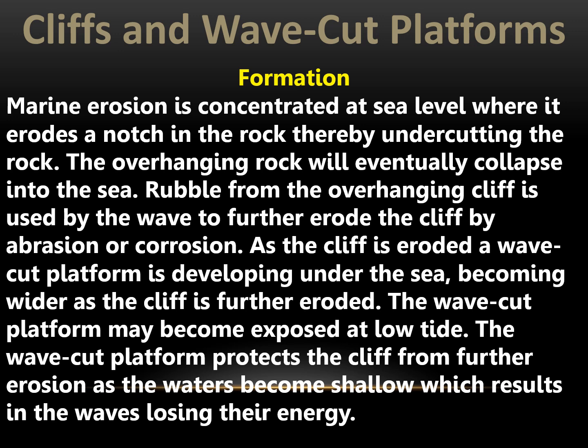This notch will actually get deeper, and as it gets deeper at the base of the cliff, the overhanging cliff becomes too heavy to be supported. So over time, the cliff face will collapse.